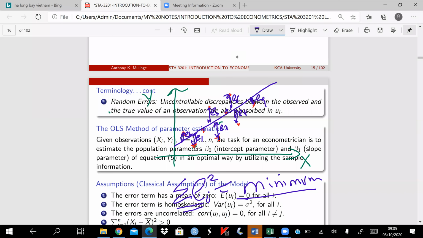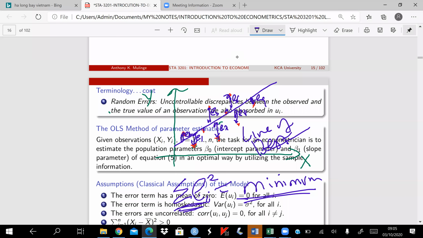If that happens, you will end up with a line which you usually call a line of best fit. So this line is a line of best fit if the summation of the errors squared is at the minimum. You cannot get any other smaller value of squared errors.